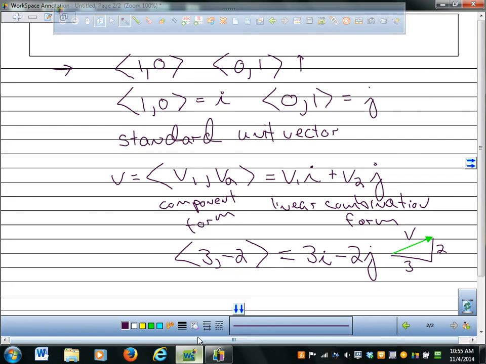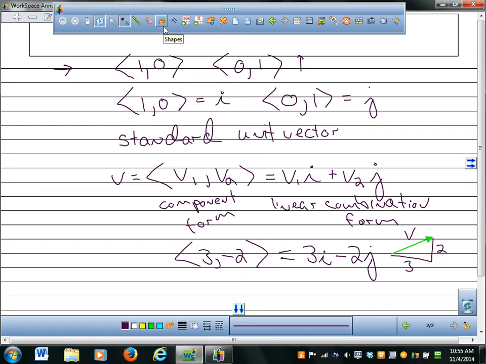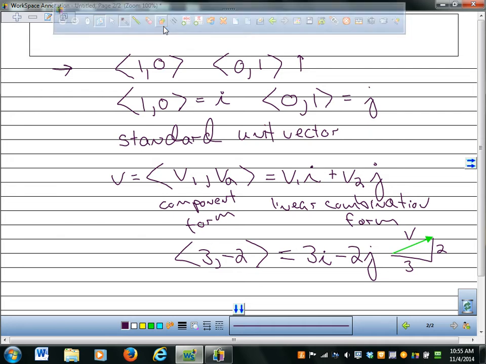This form makes it a little bit easier to do operations sometimes, especially when you get to finding cross products and dot products. It's easier to group all the i's together and the j's together, or else you could lose track of which component is which. That's why they label them as i's and j's, because i means the horizontal component and j means the vertical component. Yes, ma'am? Why is it not down 2?